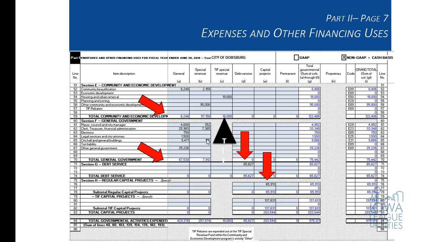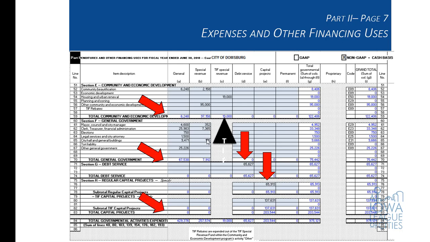In this community, the capital projects were activated and they have $137,000 that is designated as a capital project in the tax increment financing area. But it is reflected under that capital projects because, again, you cannot have expenditures in the tax increment financing fund itself.